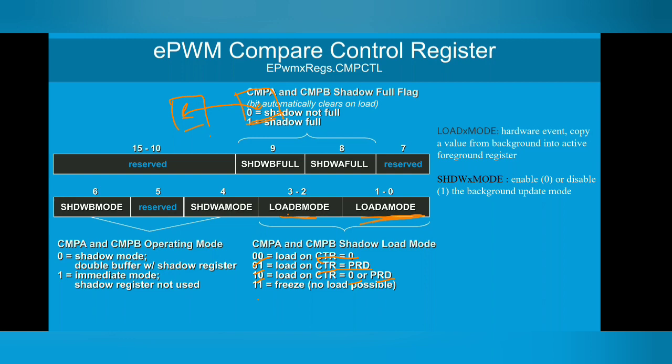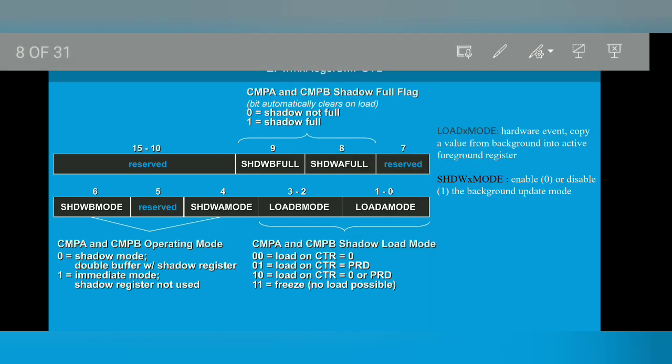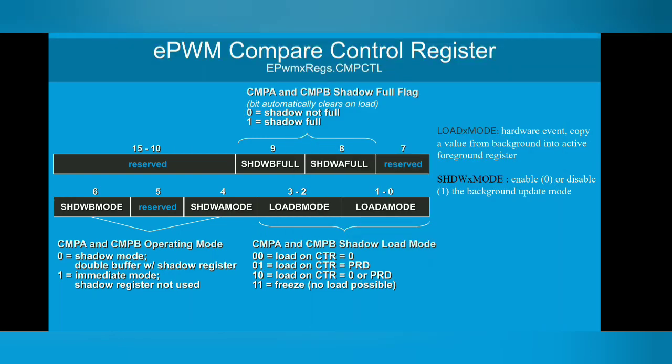The next thing is we have another register, the shadow full. This is the status register. By checking this register, we can check whether your shadow register is filled or empty. If this bit is 1, we can tell your shadow register is already filled with another number.